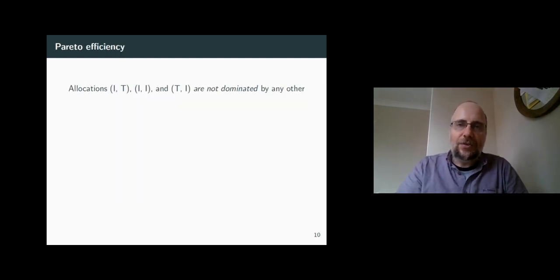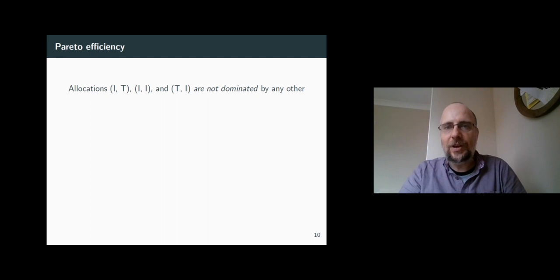So, as a result of this mental exercise, we can see that there are some allocations which can't be Pareto dominated by others. In other words, improving on those allocations for some player, for some agent, will necessarily involve making another player worse off.